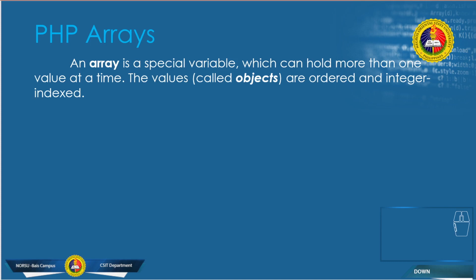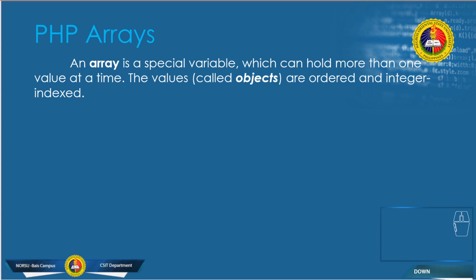But anyway, that's good. Again, an array is basically a special variable. When we say variable, it can store information. It can store data so we can use it for our program. So an array is just like that. However, it is special in a way that an array can hold more than one value at a time. If you can remember in our previous meeting, a variable can only store one data, right?